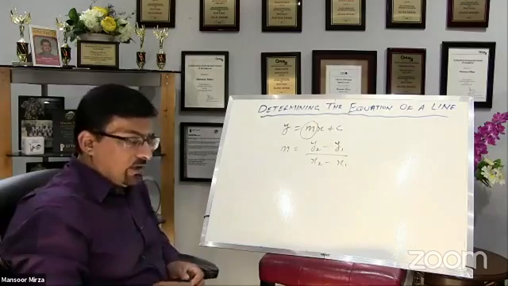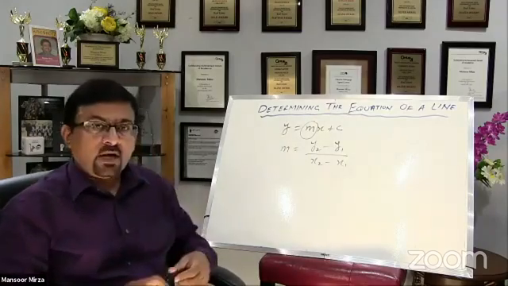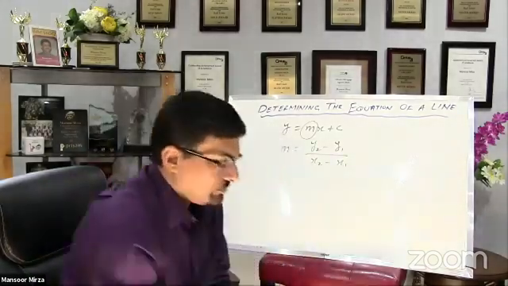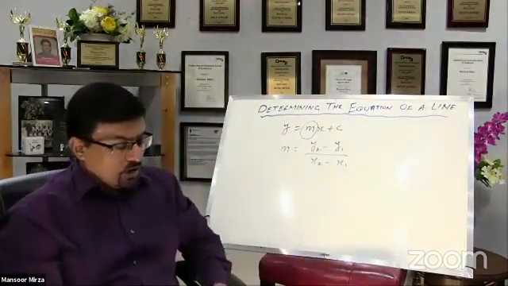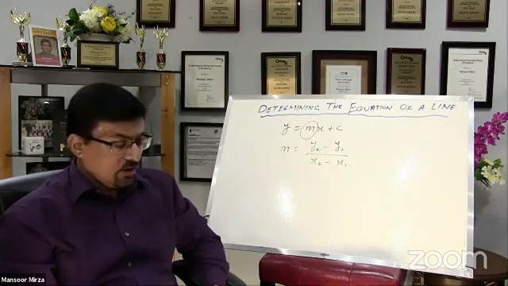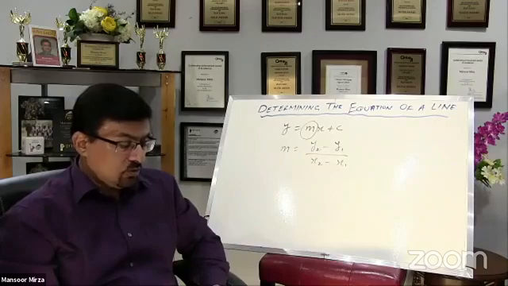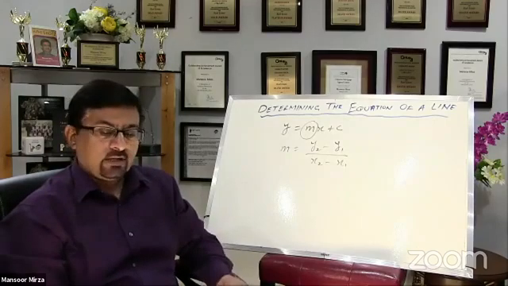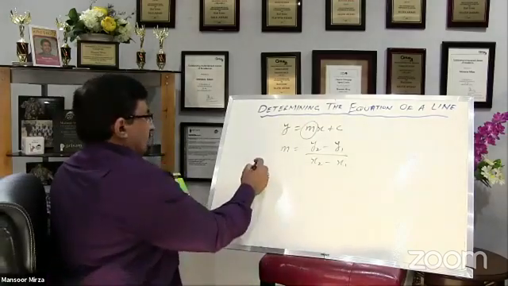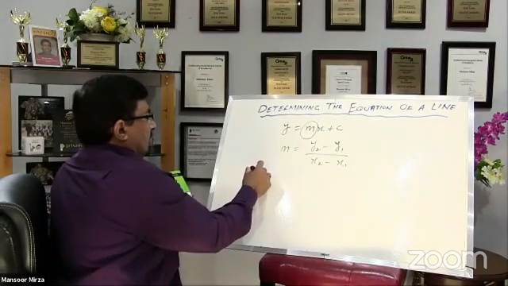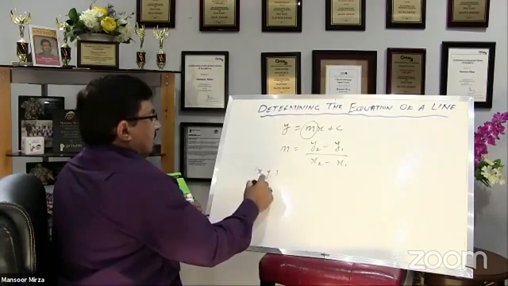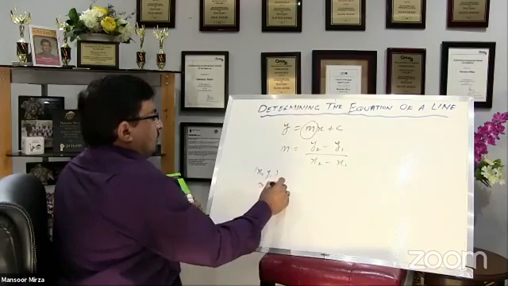The example I have given in this book, I will explain through that example and then elaborate more on it. It says two common methods for determining the equation of a line involve using the graph of the line or two known points on the line. As I mentioned, for two known points, on a line we can have x1, y1 as the first point, and the second point could be x2, y2.